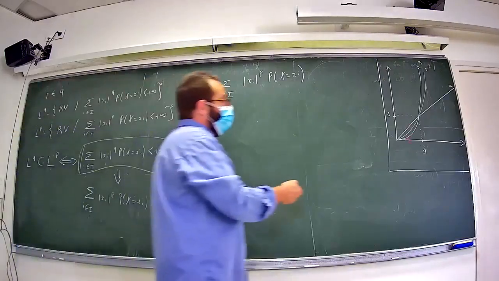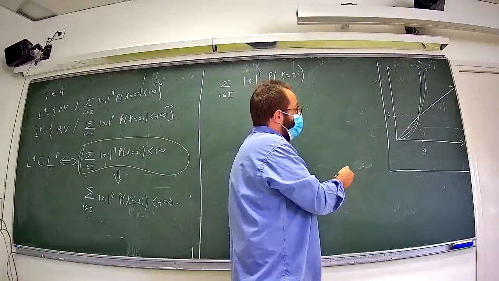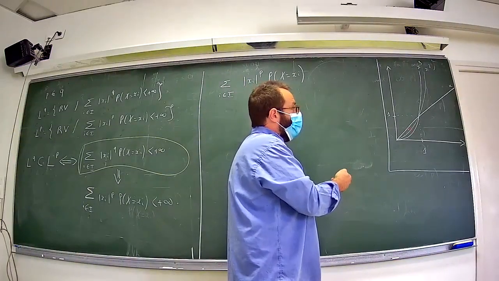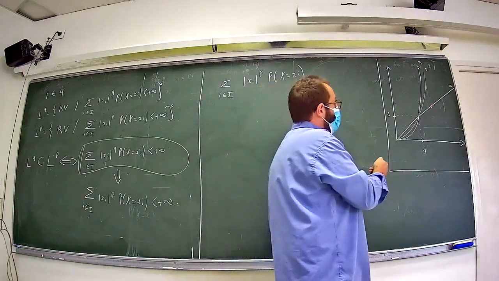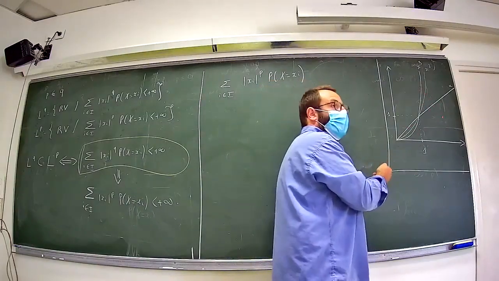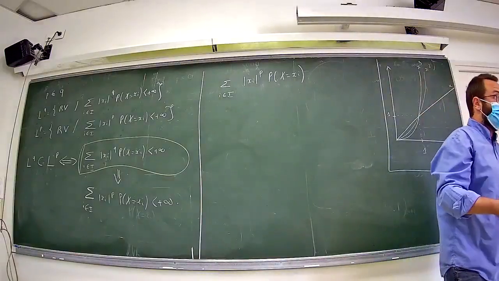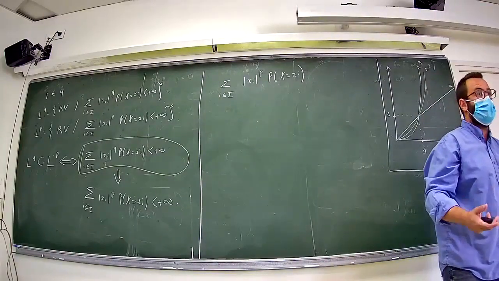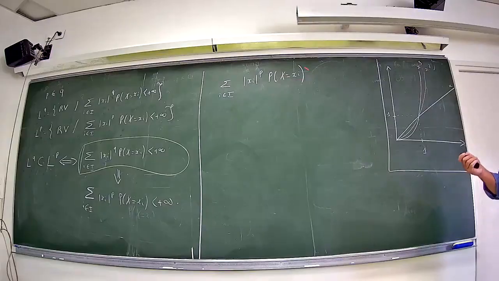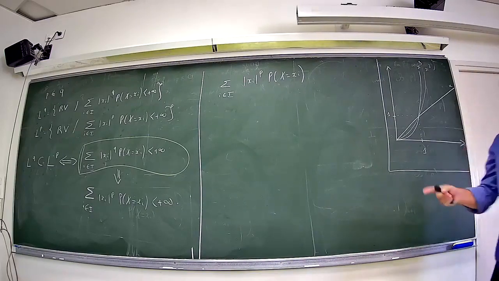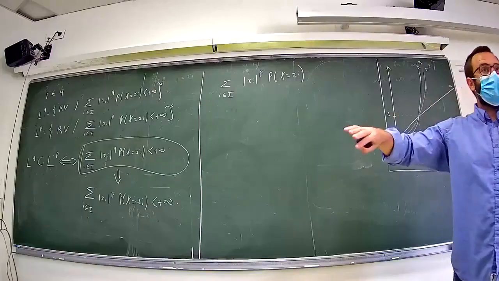There are cases where x squared and x cubed are smaller and smaller, and cases where x squared and x cubed are bigger and bigger. So I have to consider cases. In fact, we are going to cut the sum in two parts. The part where these terms are smaller, and the part where these terms are greater. And then we are going to work with these two parts independently.